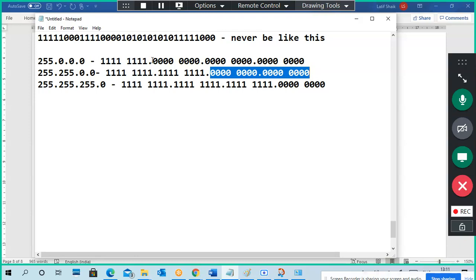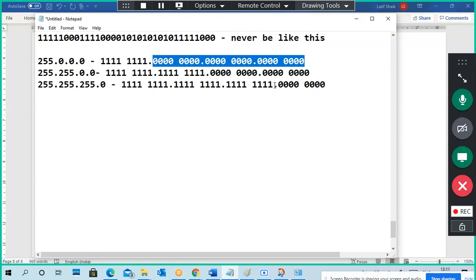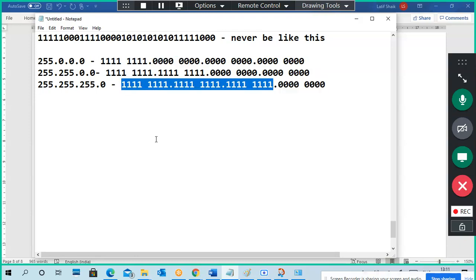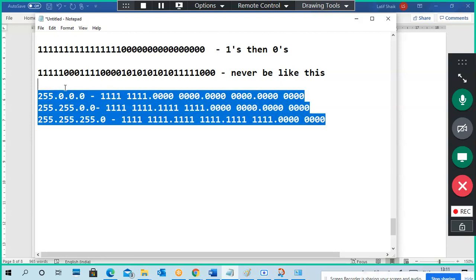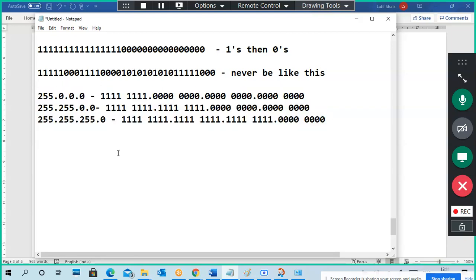This represents the host portion, and this represents the network portion of the IP address. In the subnet mask, wherever the bit is 1, the equivalent bit represents a network bit, and this represents a host bit. So this is what your subnet mask looks like.